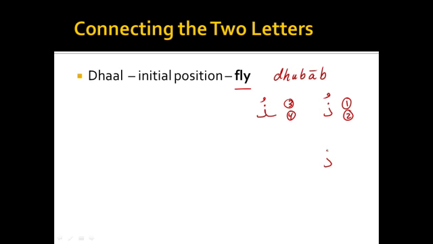See, that it would be a mistake if we did this. Dhubab. That would be a mistake, because it's too long, and this is where a lot of students of Arabic make mistakes with the short and the long vowel. So it's a short vowel, not a long vowel. So let's erase that.